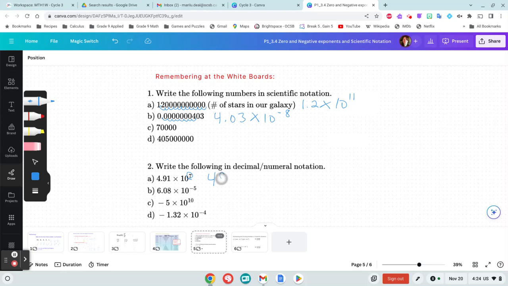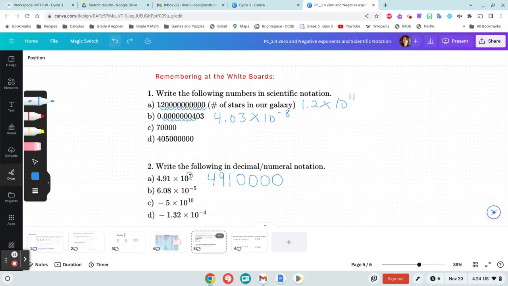I have 9, which is 1, 2 places, and then I need 5 more zeros. 2, 3, 4, 5. Then if I were to check it, 1, 2, 3, 4, 5, 6, 7, it works. So once I get my answer, I always want to check to make sure that it works.